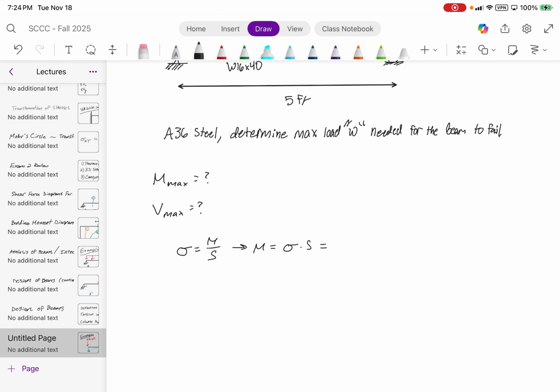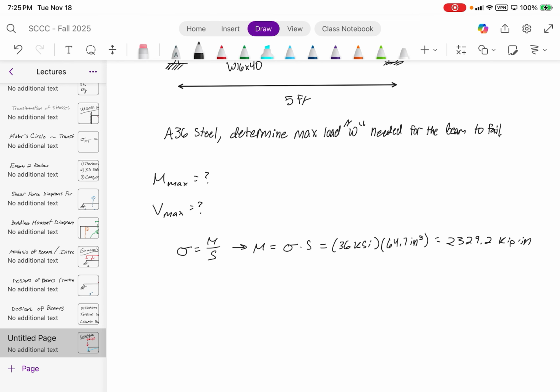The stress of A36 steel is 36 ksi, and then what's the section modulus of a W16 by 40? 64.7. All right, and that gives us a bending moment of what? 2,300, and these are going to be in units of kip-inches.